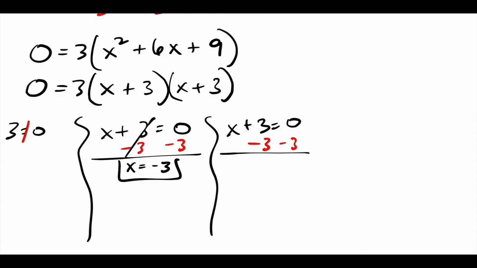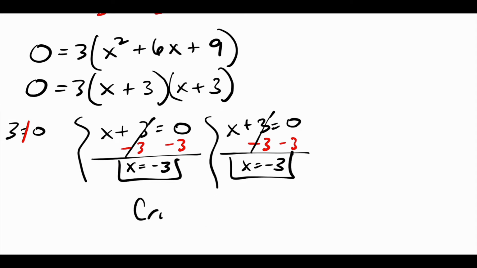So we get one critical value, and it's at negative 3. Okay, that's our critical value. We only have one critical value in this problem. Okay, we did that yesterday, so the steps stay the same.